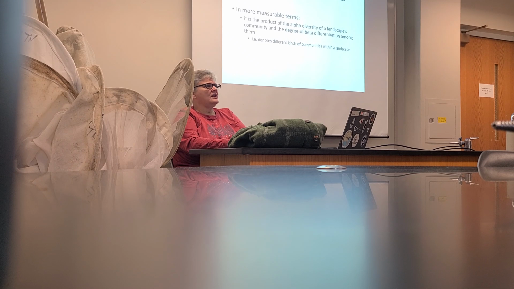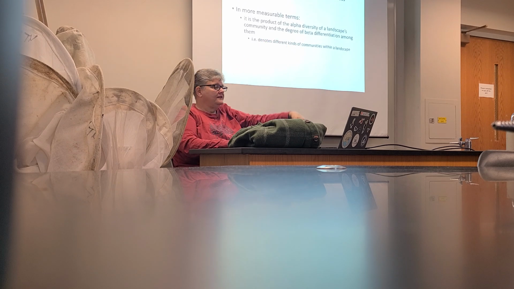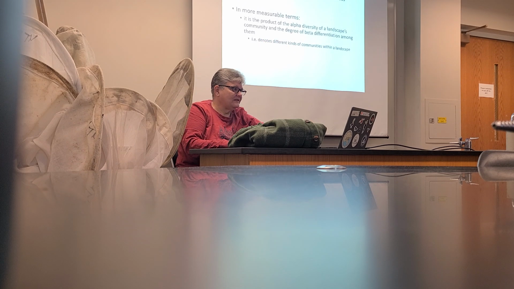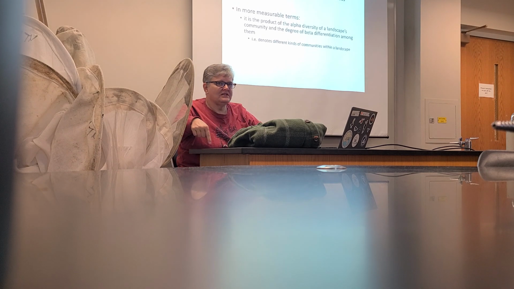It's hard to talk about one without the other. In more measurable terms, this is my favorite, although it's kind of hard to remember: it's the product of the alpha diversity, what you have at a specific location, and the beta differentiation, how we're changing between the different communities we're sampling.